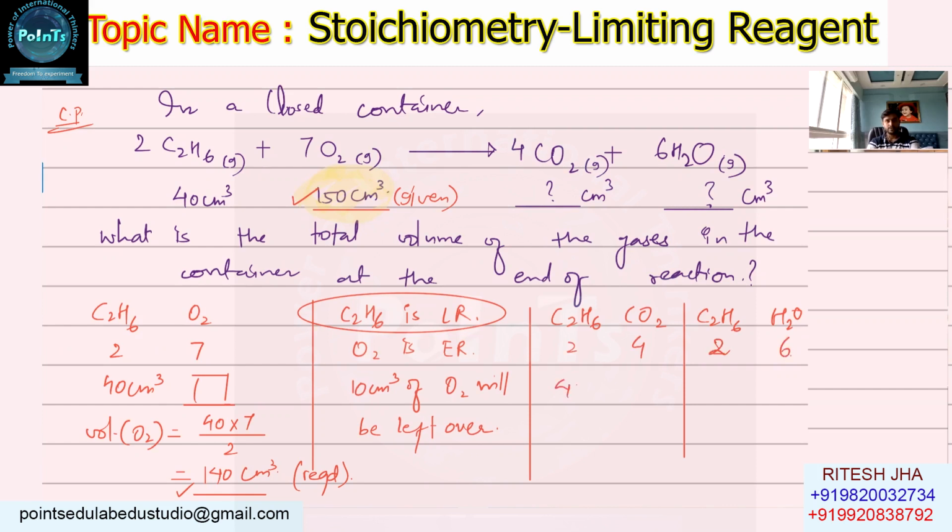If this is 40, how much should this be? 80 cm cube. And this one, how much? 120 cm cube. So the total volume will be equal to 10 of O2 plus 80 plus 120. What is that? 210. Correct.